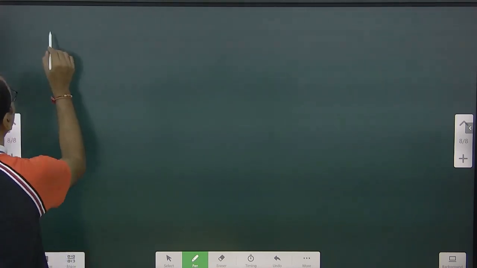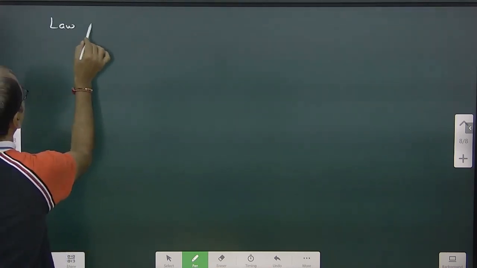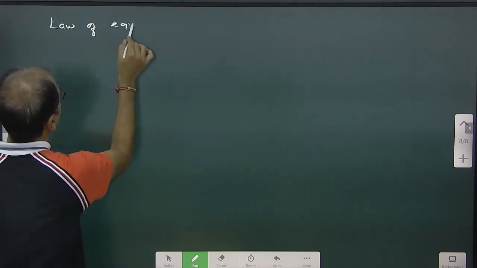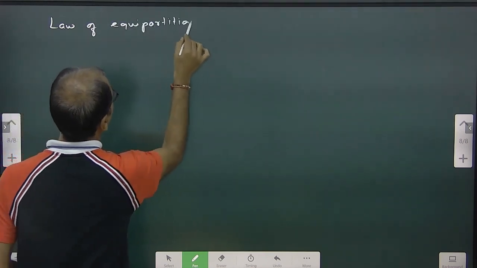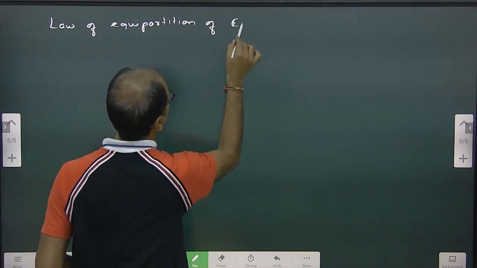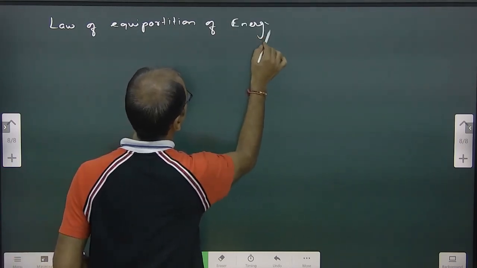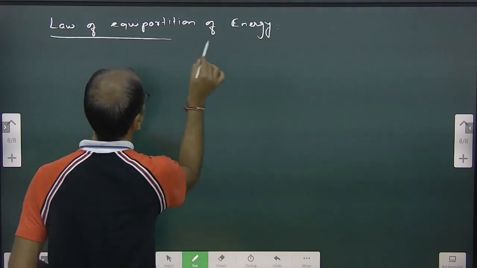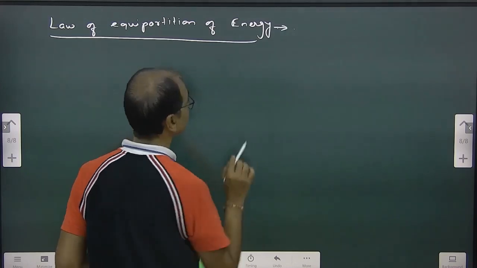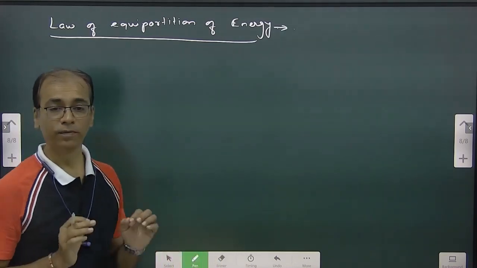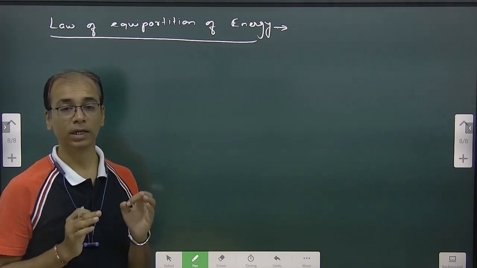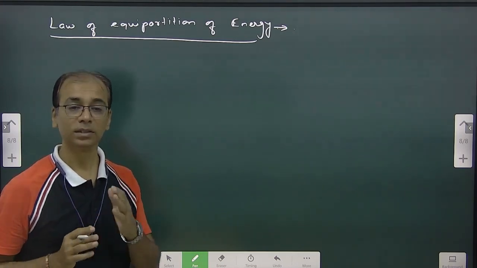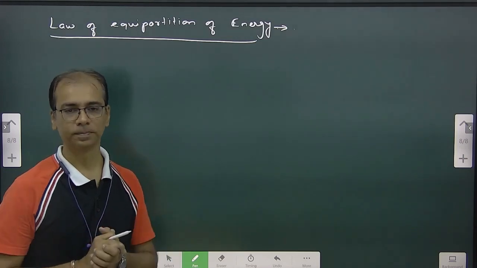Law of equipartition of energy. Okay. So what does it say? It says that every degree of freedom has equal amount of energy.